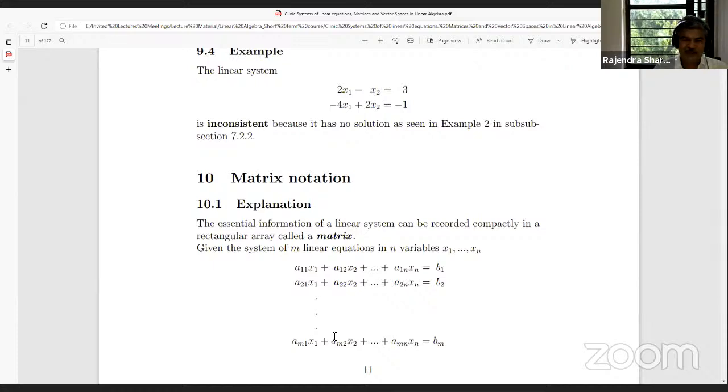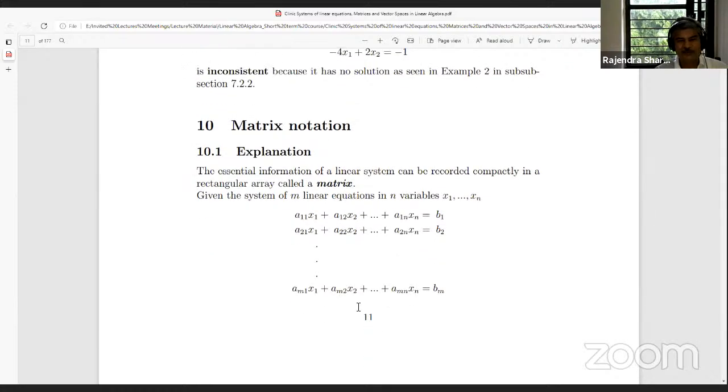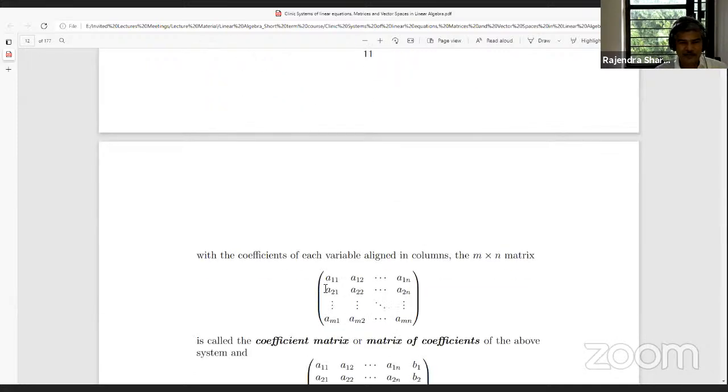And the last, mth equation, let us say am1x1 plus am2x2 plus up to amn(xn) equal to bm. So the variables here are x1, x2, up to xn, n variables, and m linear equations.